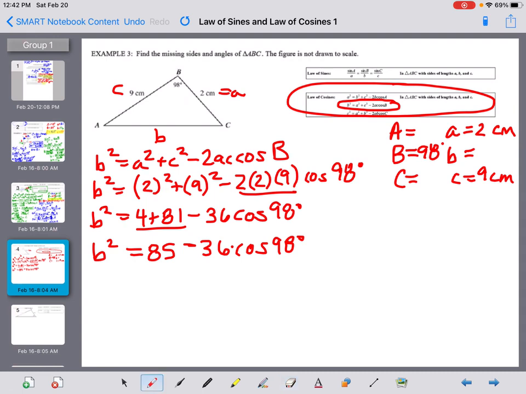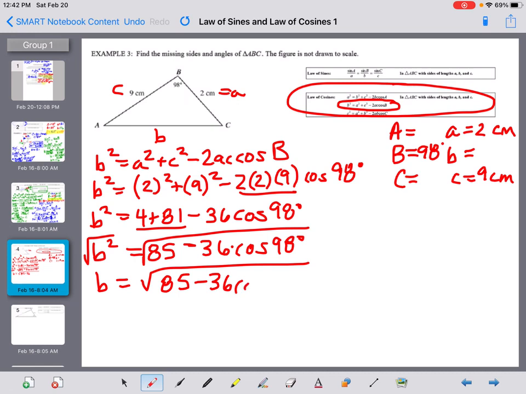What is my job here? What am I solving for? I'm solving for B, and right now it's B squared. How do I get it to just B? I take the square root. So B is going to be the square root of 85 minus 36 cosine 98. Your calculator can handle that, so I'm not going to do any more math. I'm just going to plug that in just like it looks: square root of 85 minus the 36 cosine of 98.